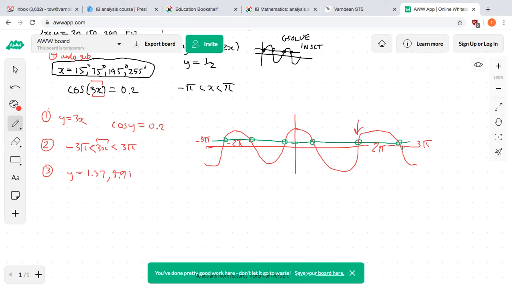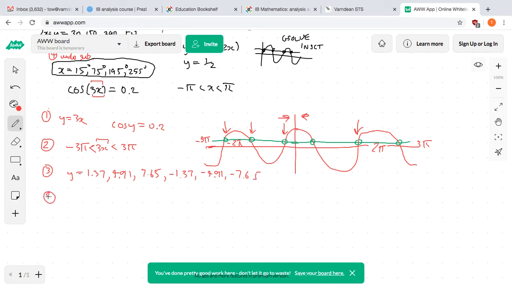And then it starts to repeat, so we just do 2 pi plus the original answer, 7.65. And you can look at the graph and see the whole thing's symmetrical anyway, so the other answers are just going to be the negatives of the ones we've already found. So minus 1.37, minus 4.91, minus 7.65.